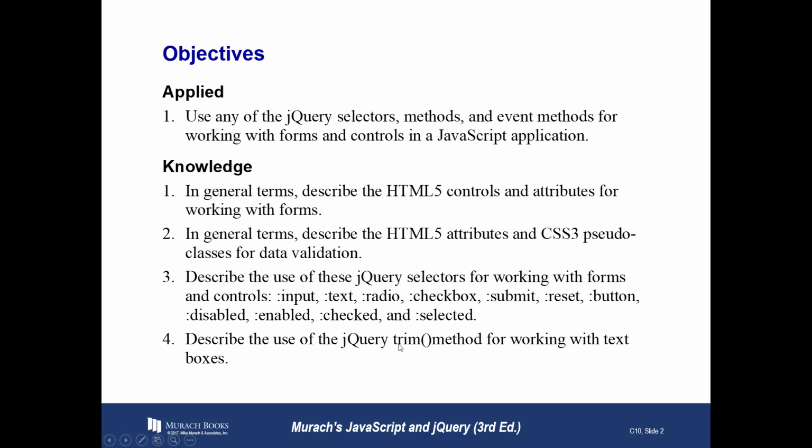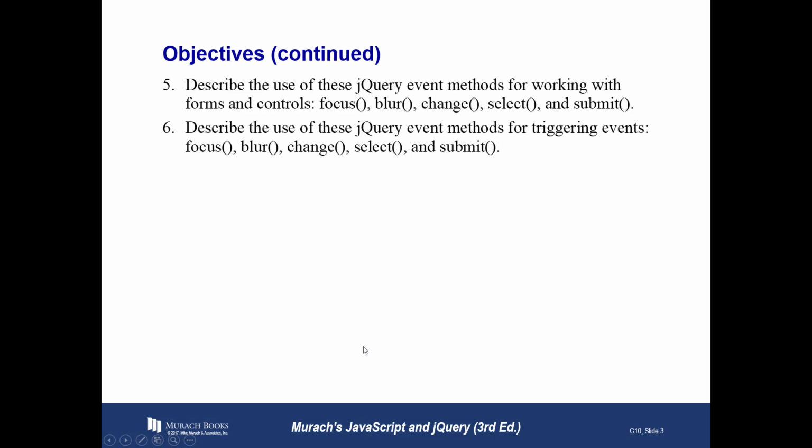The jQuery trim method, to my knowledge, is a lot like the JavaScript trim method. It is designed to remove beginning spaces and ending spaces from an entry. Describe the use of several jQuery event methods for working with forms and controls, and for triggering events.